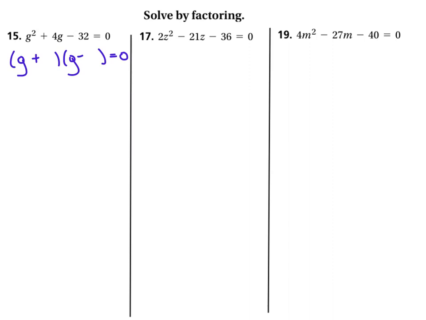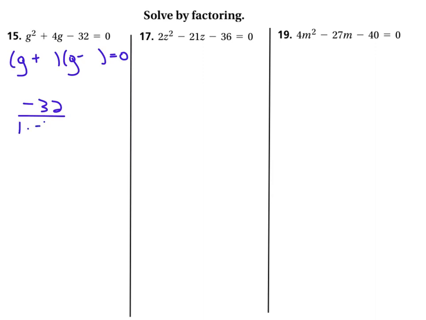is the numbers that will multiply to negative 32 that will add together to be the b value of 4. The b value is the value that's in front of the g. Okay? So what can we do for negative 32?